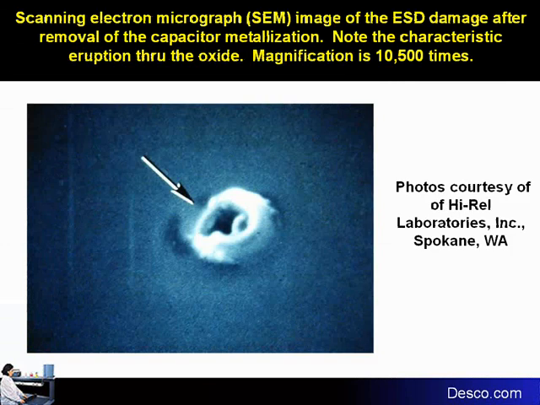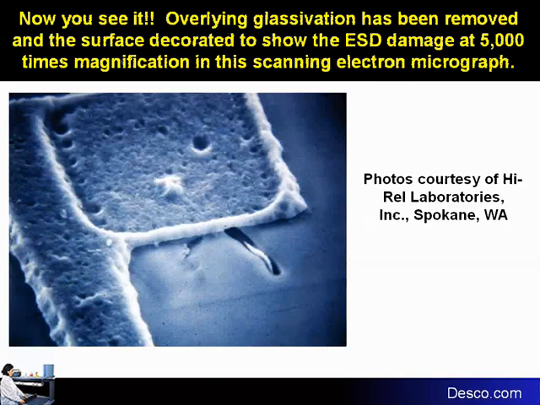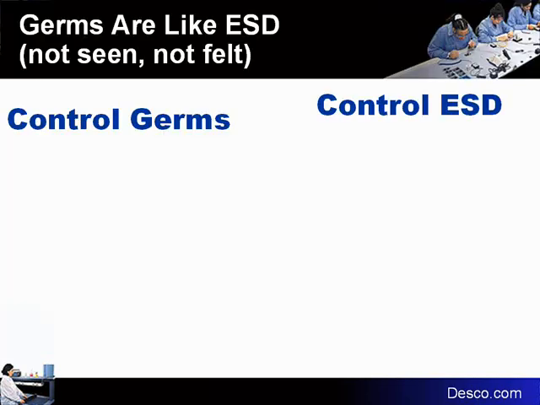This is an actual man who had a charge, and it was showing it going to the component. This is one of those little micro lightning bolts at 10,000 times magnification, which is one of those little micro strikes you get that does the damage to the metal component. This is a side fracture off a trace, again, at a very high magnification at 5,000 times to see the damage that can be done.